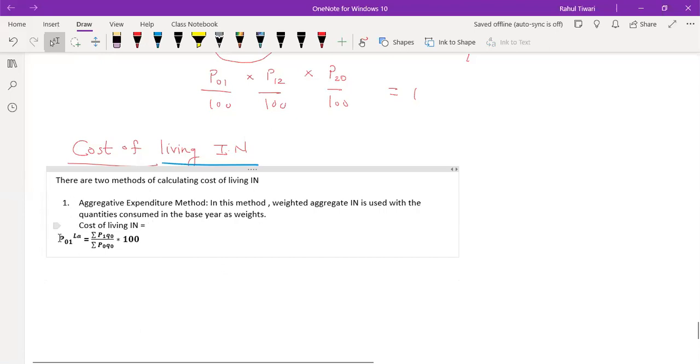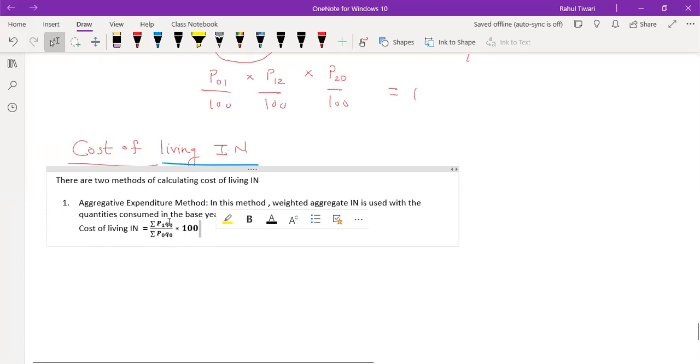Whatever formula I am using for that would be my answer. So this is exactly equal to the Laspeyres price index, if you remember that.